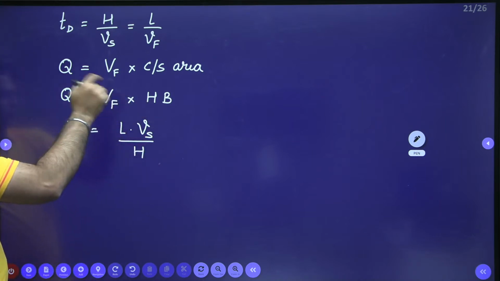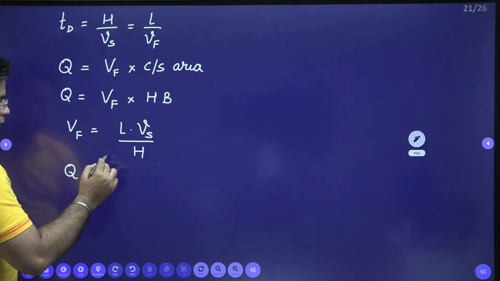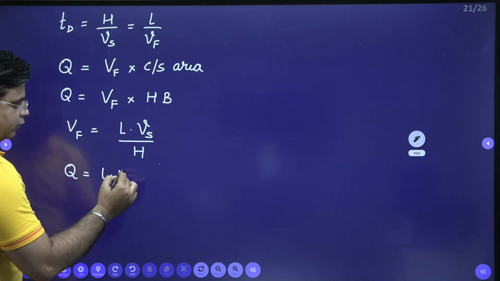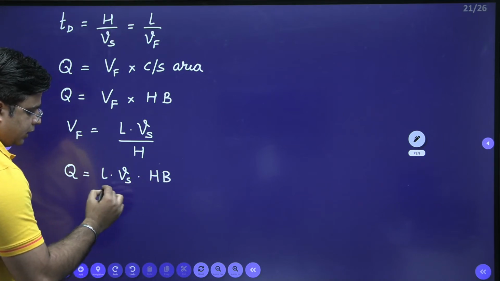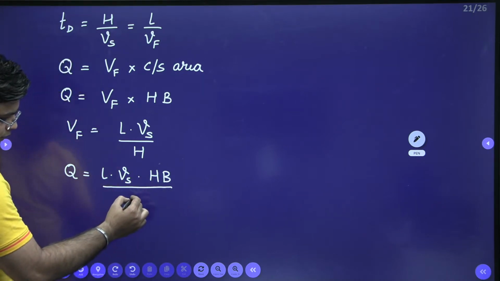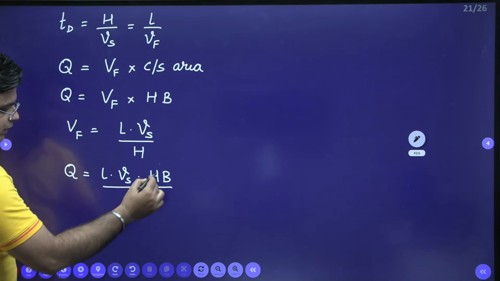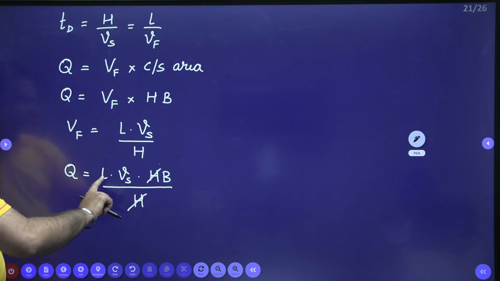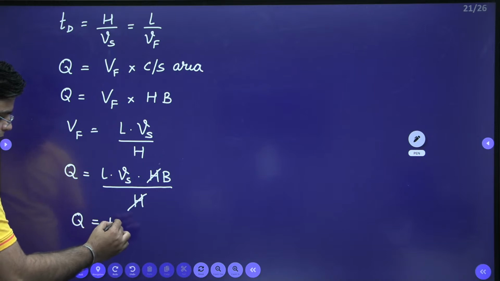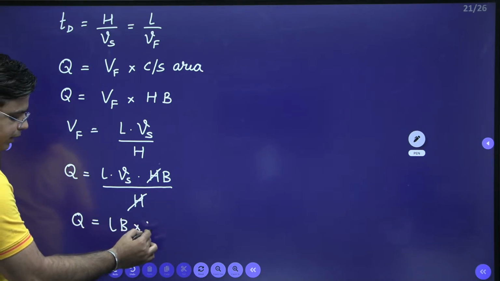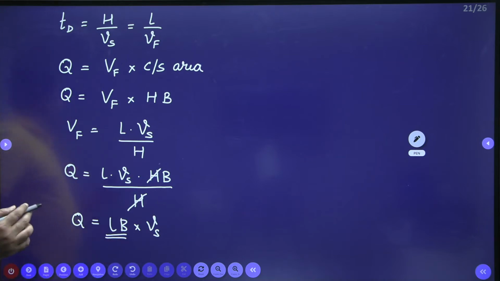And when you substitute this Vf, you have Q is equal to L into Vs into H into B divided by H. So this H and this H cancel out. You have Q is equal to L into B multiplied by Vs. This L into B is nothing but the plan area.